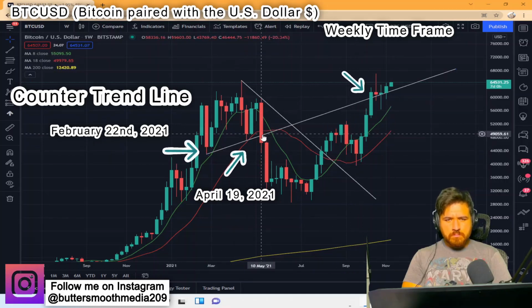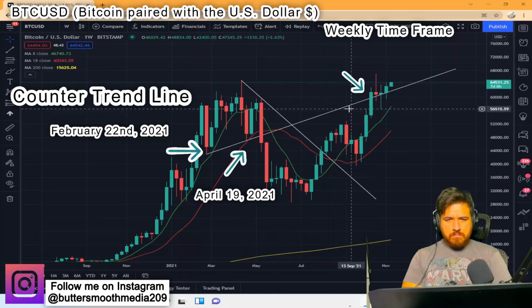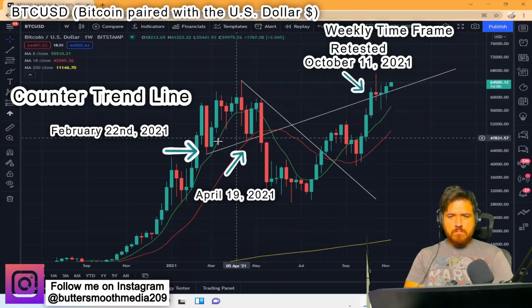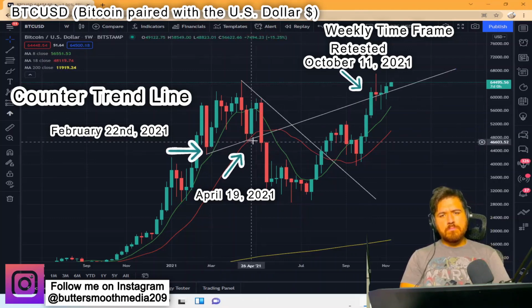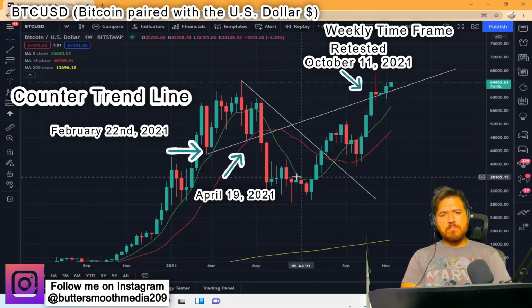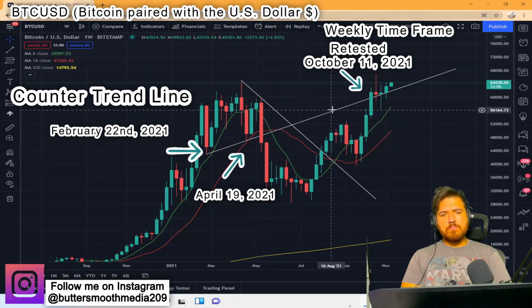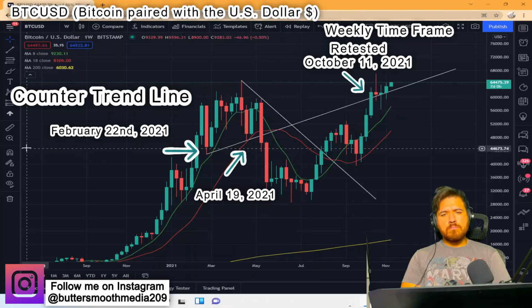And this trend line was never retested truly until the 11th of October here recently, because we had these 2 touch points, and all this time while Bitcoin was down here starting to make its move up, all this time it took all these weeks until it finally started to retest this trend line.